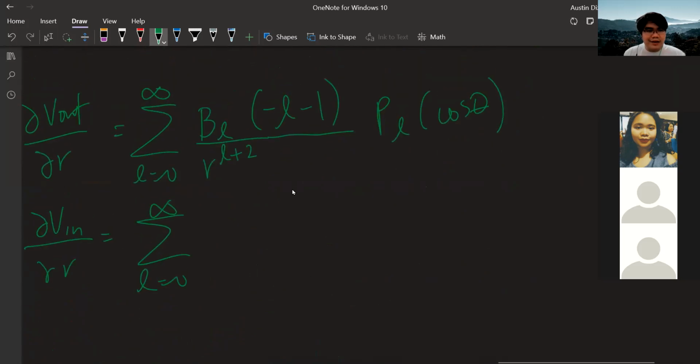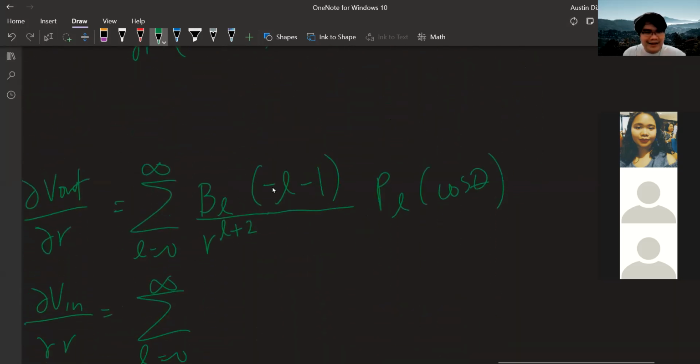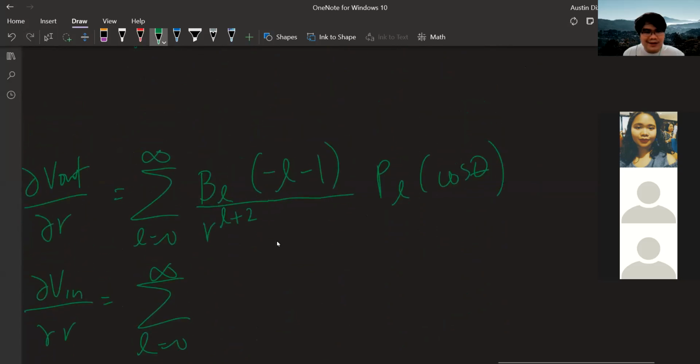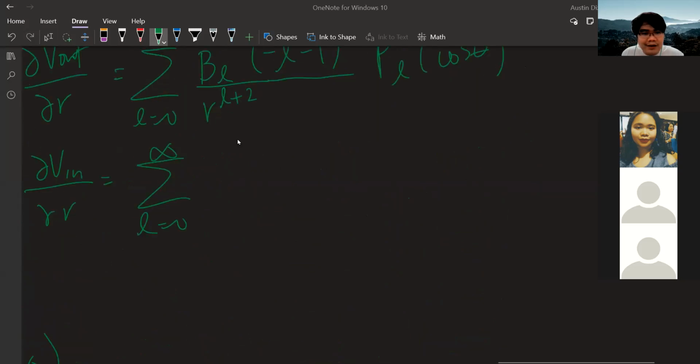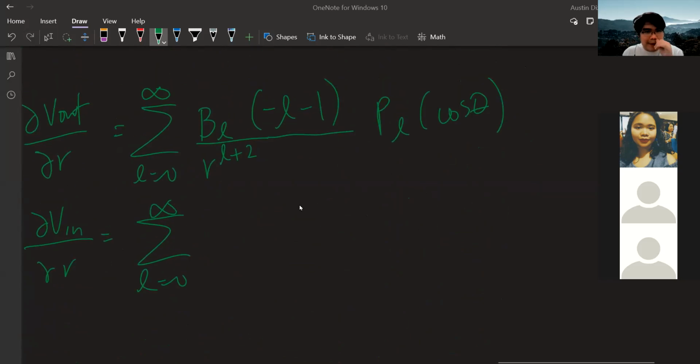Okay, so gagawin nyo to sa exam. May separation of variables sa exam. So ano po yung lower limit ng summation? L0. Oo, L0. Okay. Next ko will be AL.